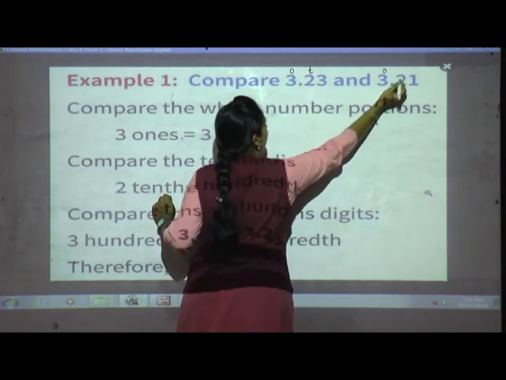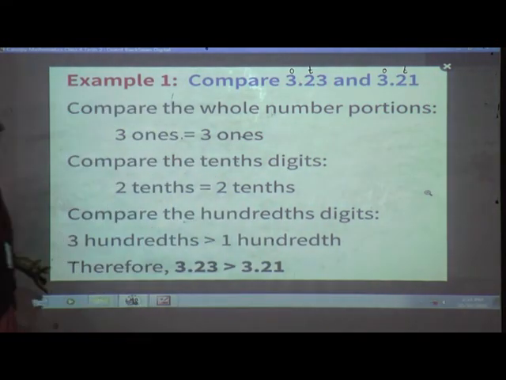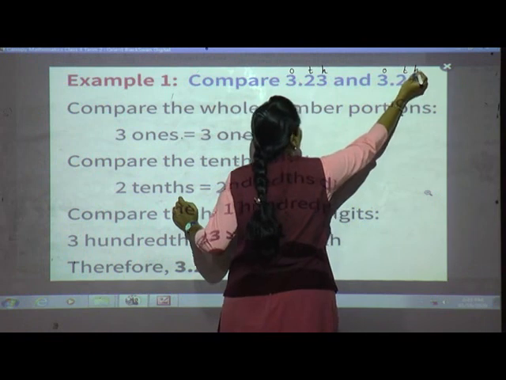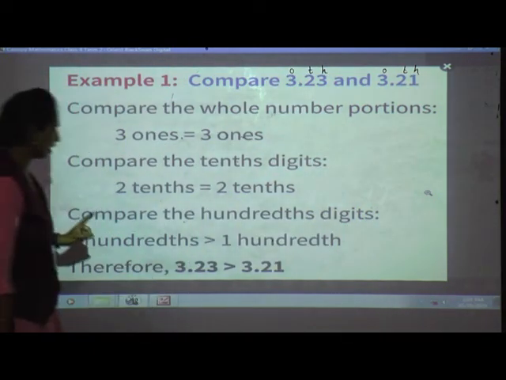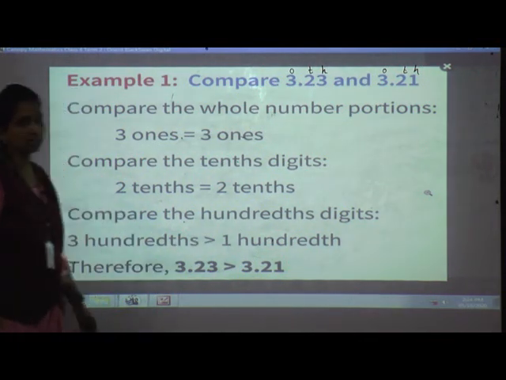See the tens place, again 2, 2. Both are the same, 2 tens and 2 tens. Then what you have to do? You have to go with the hundreds place. Now hundreds place 3 and here 1. When we compare 300s and 100s, which is greater?